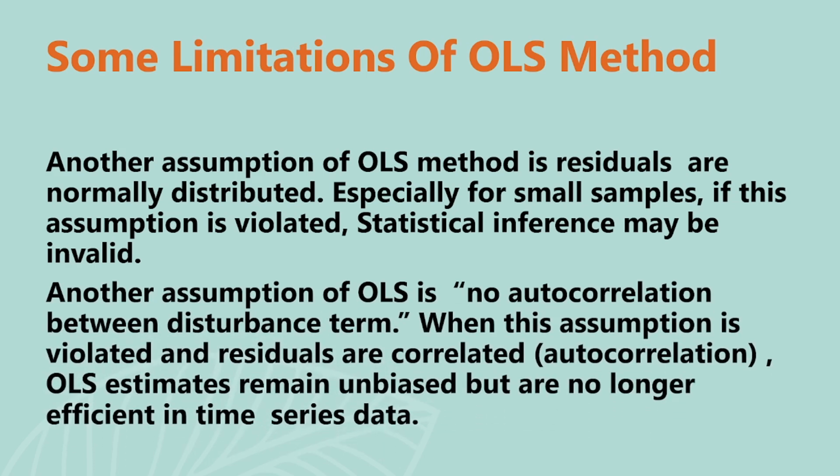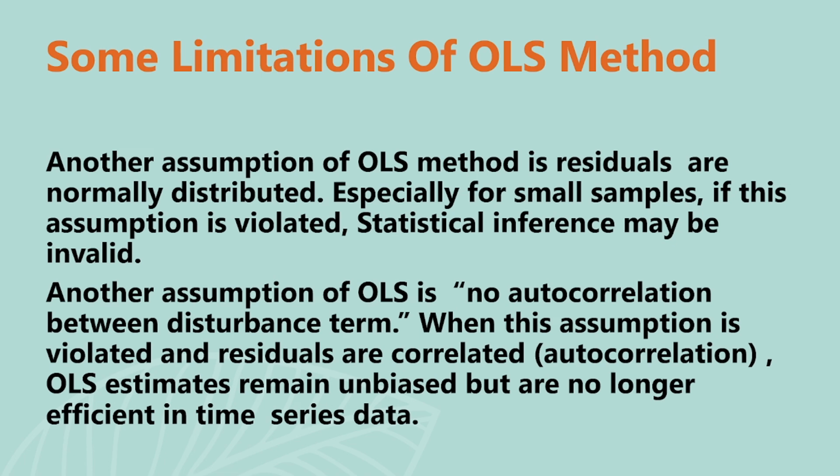Our next limitation. Another assumption of OLS is no autocorrelation between disturbance terms. When this assumption is violated and residuals are correlated, OLS estimates remain unbiased but are no longer efficient in time series data.